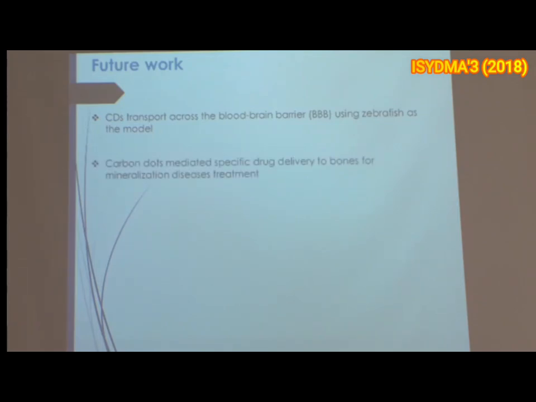Another part of our system is to use the specific drug delivery to bones, which I just mentioned here. And another system is mainly related to the emission of the carbon dust in the red region so that we can apply it for the brain, I would say tumor, cancer cells.